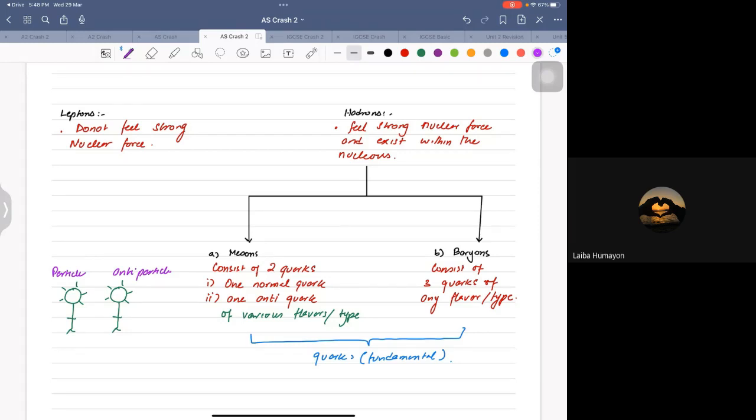So they have the same physical properties, but opposite charge, while the same mass, color and everything else. I hope you guys understand the difference, okay?